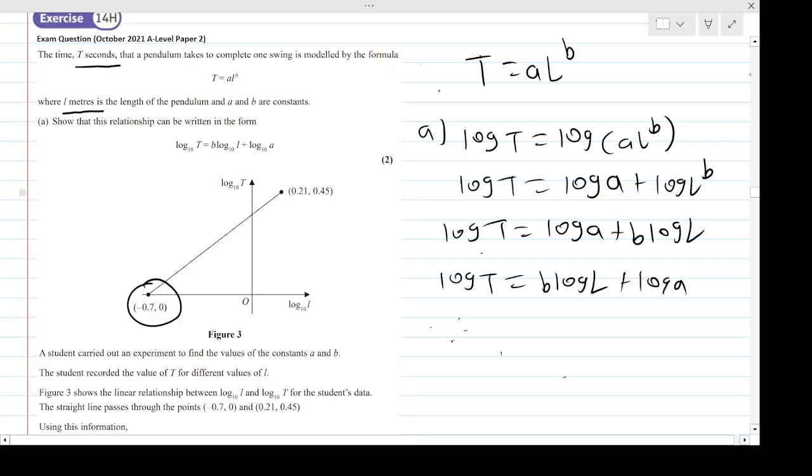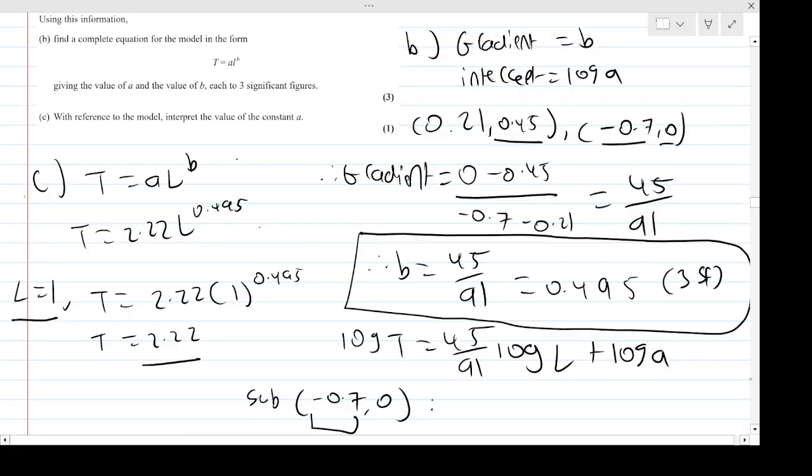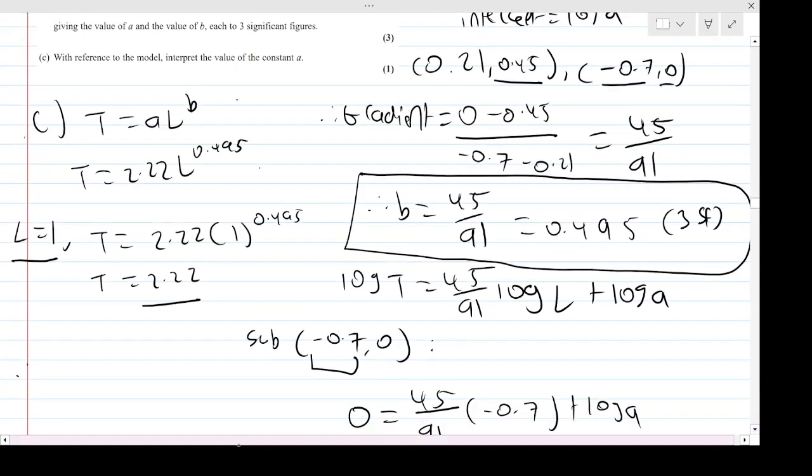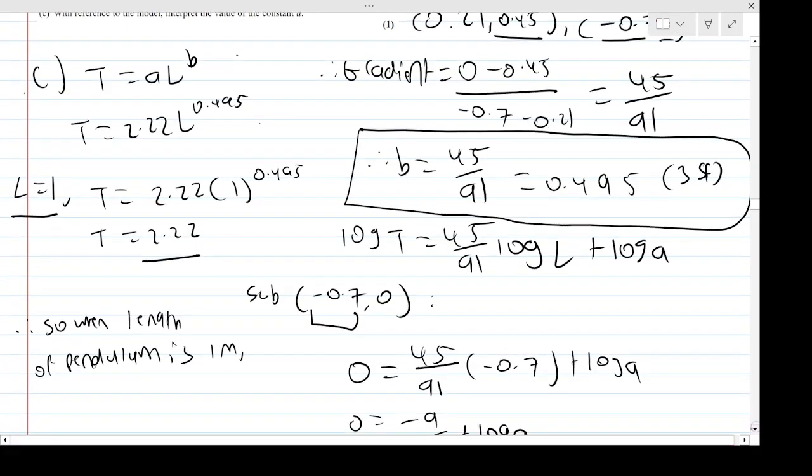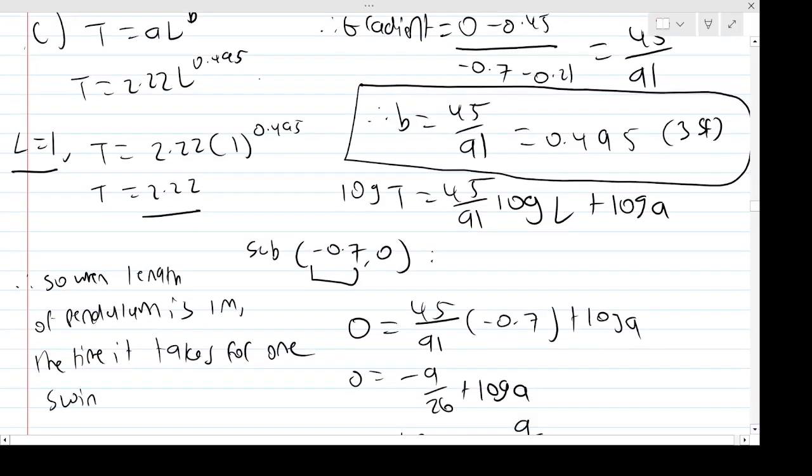So basically that's saying that when the length of the pendulum is 1 meter, the time it takes for one swing is indeed 2.22 seconds. And that is what 2.22 means, that number in this model here, okay?